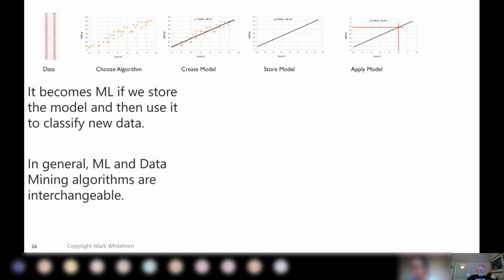If you look at a list of data mining algorithms, you'll find they're typically pretty much the same as machine learning algorithms. The crucial bit that makes it machine learning is if you store the model and then apply the model to future data. So really simple.